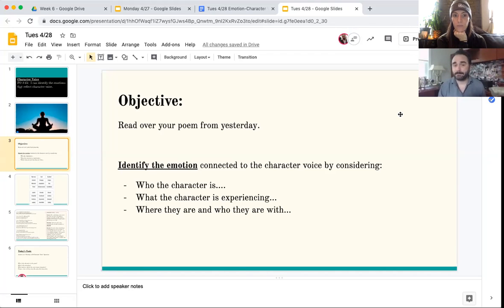So today, read over your poem and identify the emotion that's connecting your character to their voice by considering who the character is, what they're experiencing, where they are, and who they are with. Those are things in writing that can show us what a character is feeling emotionally. Here are some examples.